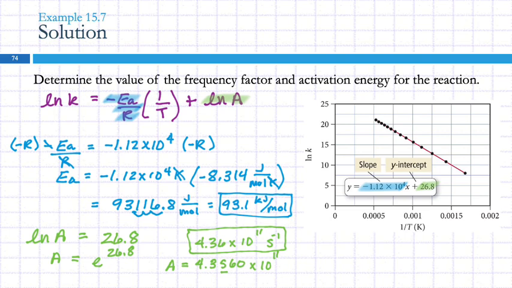The one part that you do have to watch out for is joules versus kilojoules, okay? And we'll see that in a question coming up. The units on the gas constant can help you. The energy is going to be in joules when we're using that gas constant in there. This one you just kind of would have to figure out, and I would not try to trick you with that on an exam. Any questions?